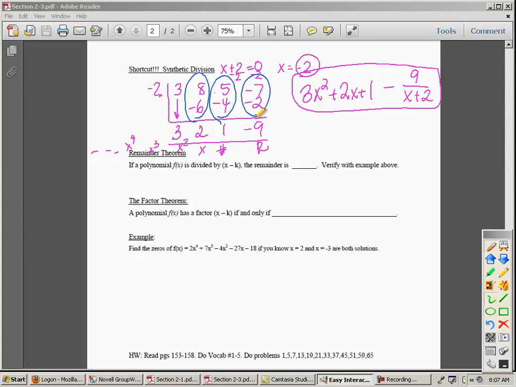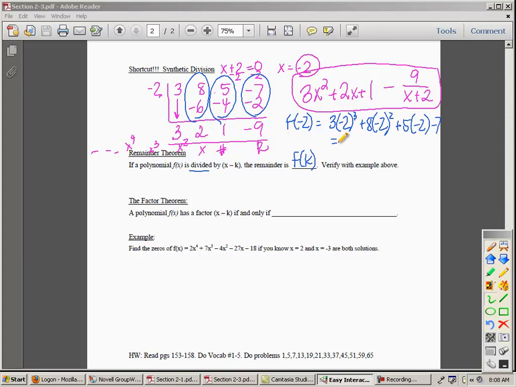The biggest thing, though, is if your divisor is x minus k, what you end up getting at the end, the remainder, is f of k. They're asking you basically f of negative 2. If I did my original f of negative 2, I would take 3 times negative 2 cubed plus 8 times negative 2 squared plus 5 times negative 2 minus 7.